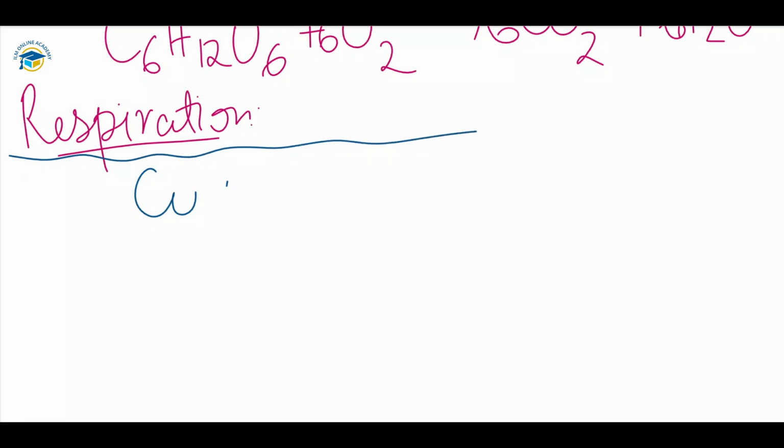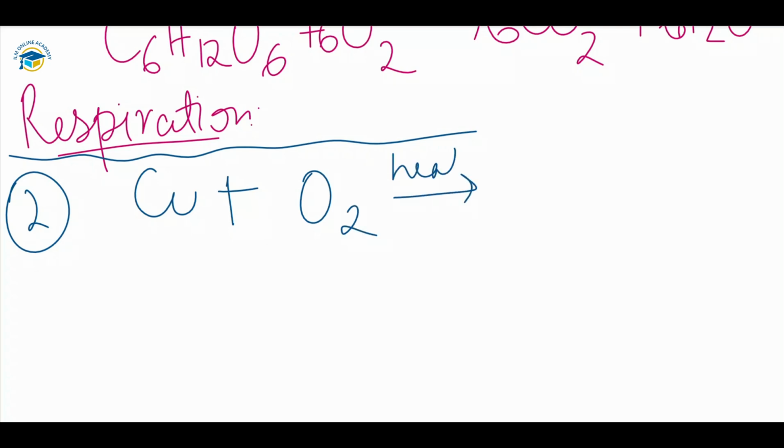This is a separate example. So we have a second example: copper reacts with oxygen and we heat them, it forms copper oxide, CuO. We'll balance this equation by putting the 2 in the coefficients.